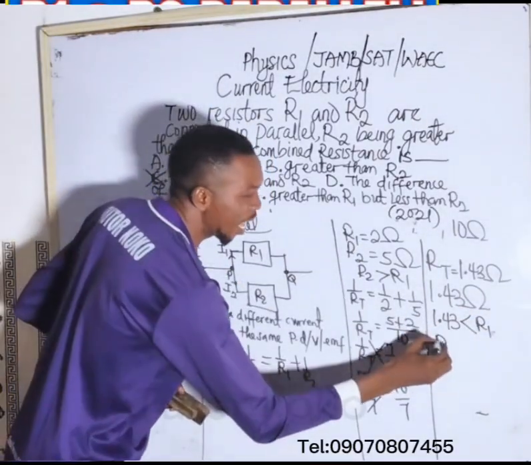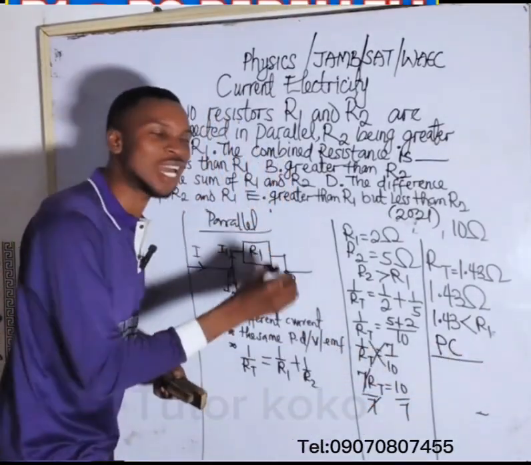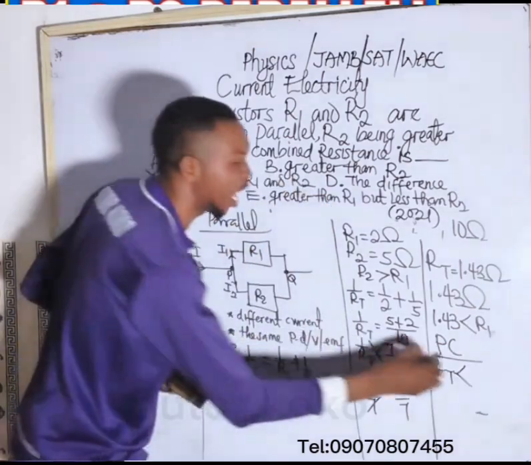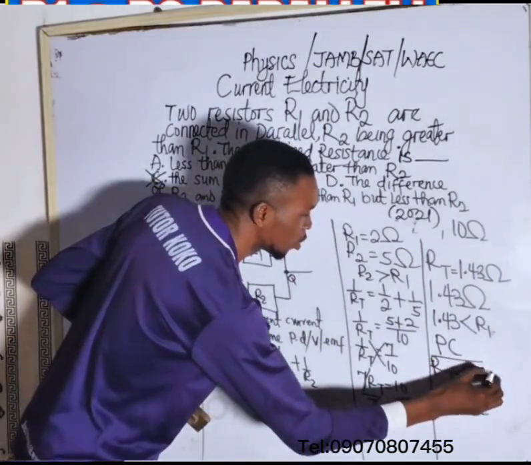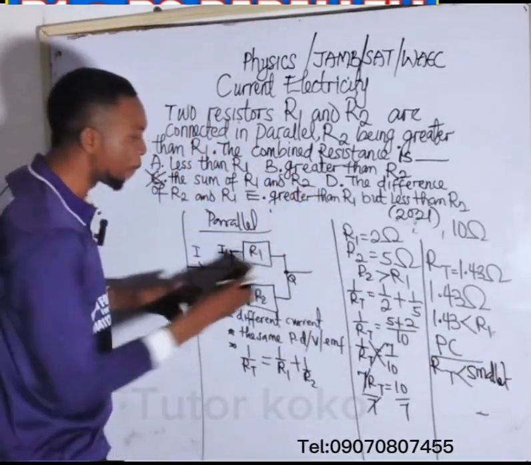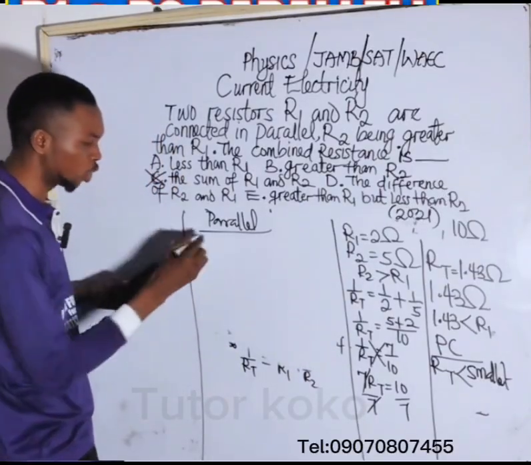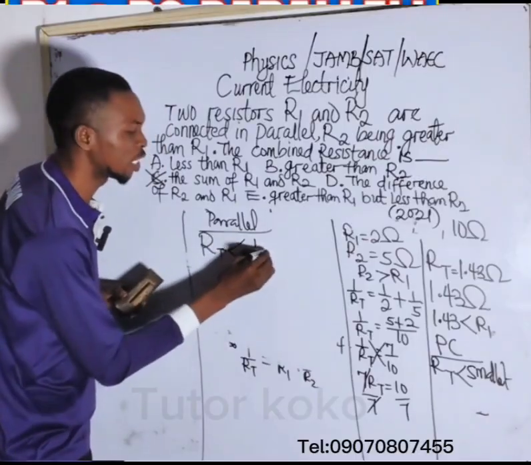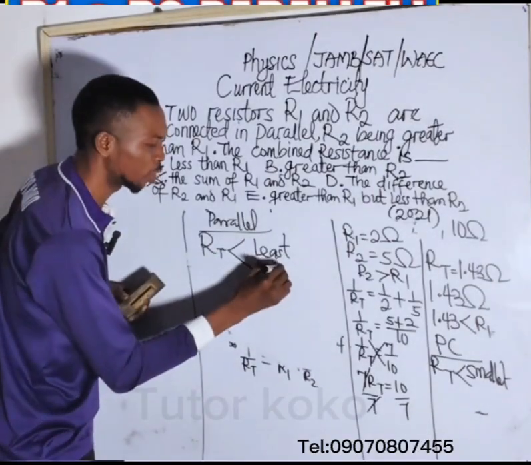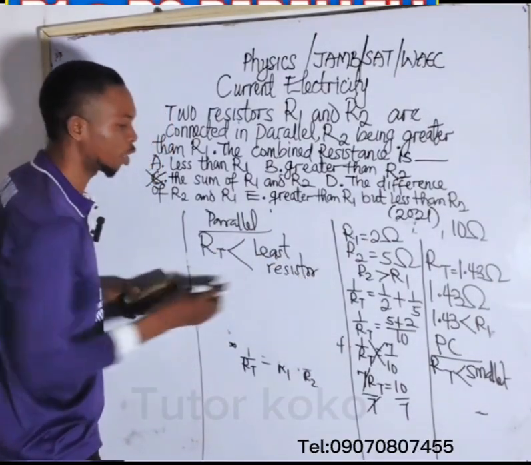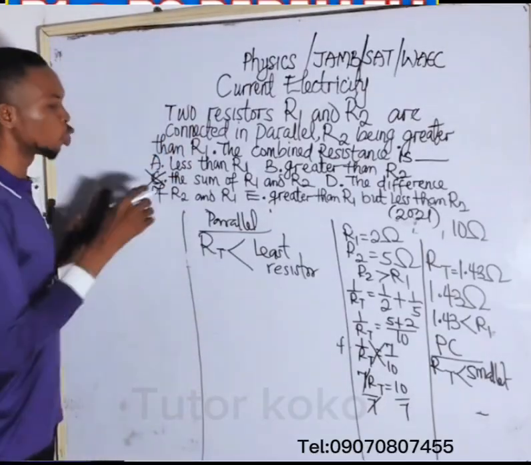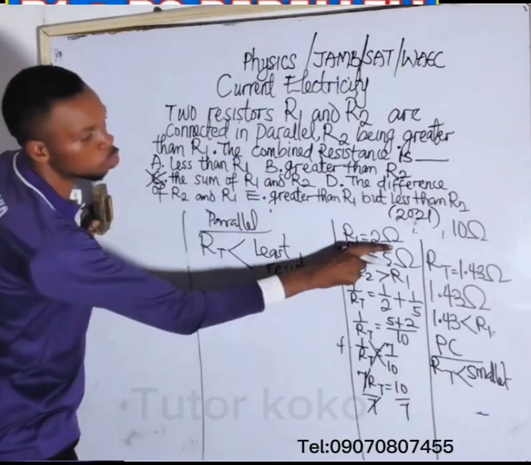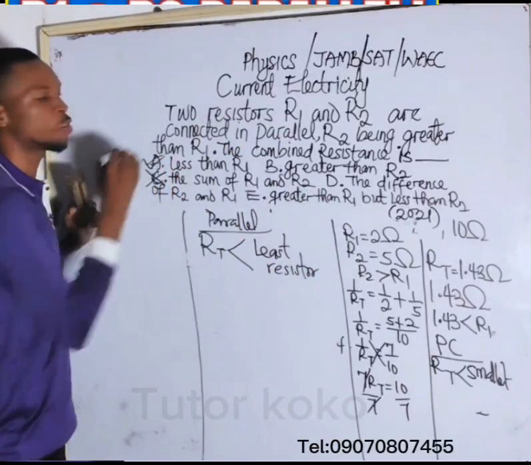That means that for parallel connection, the combined resistance must be less than the smallest or the least. The combined resistance, pay attention to that, is the keyword there. The combined resistance must always be less than the least resistor. That is what happens in parallel connection. So 1.43 is less than the least resistor here, R1, which is 2. That means option A is very correct.